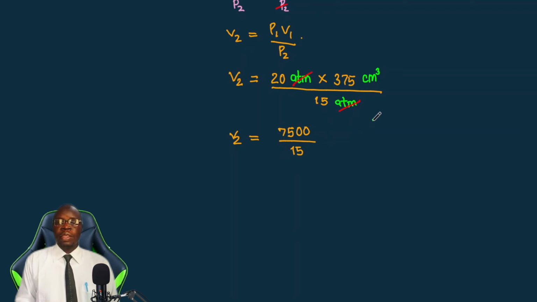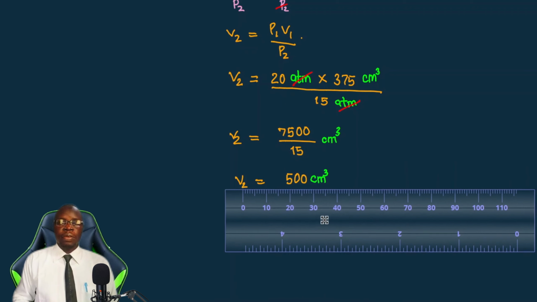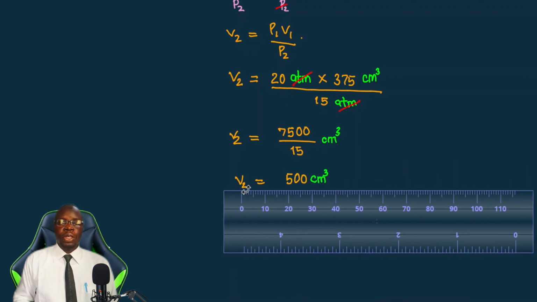And remember, our unit is still here, cubic centimeter. So if we divide this answer of ours by 15, we get 500. So our unit is cubic centimeter, and this becomes our answer for question number 1.